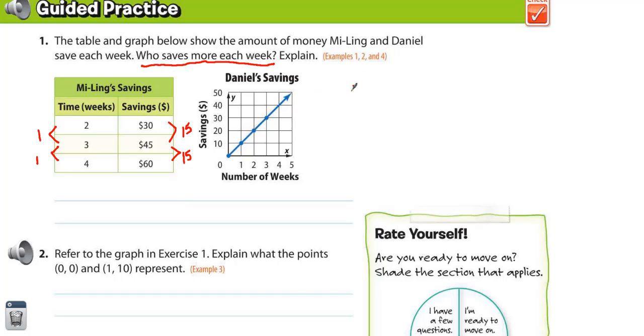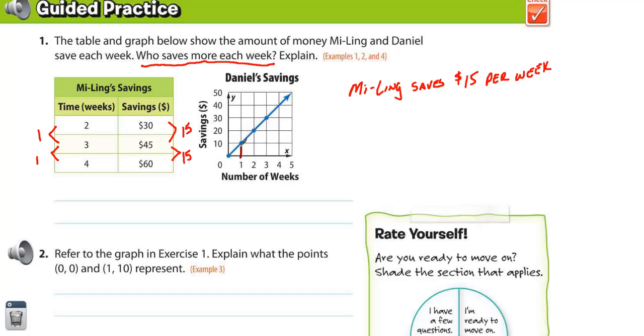So we can say that Mi Ling saves $15 per week. Of course, it would be great if I could spell the word week. There you go.